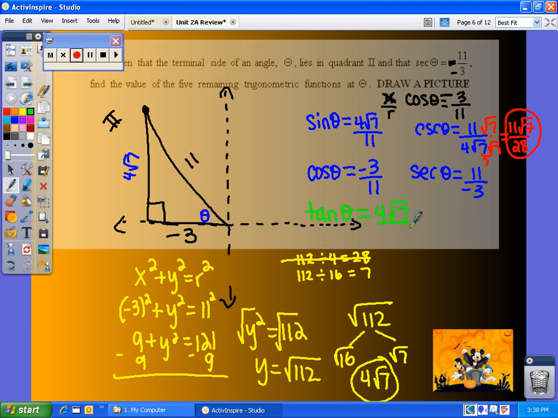So 4 radical 7 over negative 3. And cotangent will be negative 3 over 4 radical 7. You do know you cannot have radicals in the denominator, so we're going to multiply both the top and the bottom by radical 7. This becomes 7. 4 times 7 is 28. So cotangent's final answer is negative 3 radical 7 over 28.